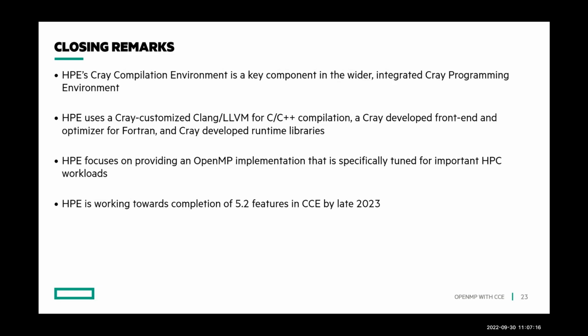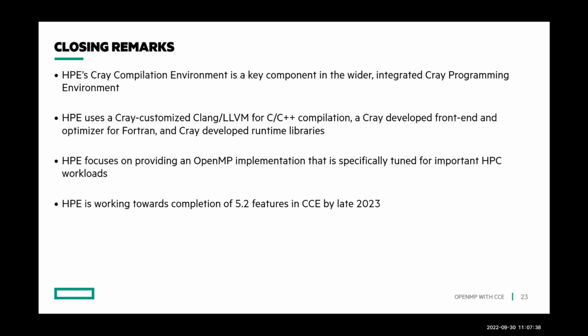It uses a Cray customized Clang/LLVM for C++ compilation. And then we have our own developed Fortran compiler and our own runtime libraries that we use for OpenMP. We focus a lot with our OpenMP implementation on tuning it for the important HPC workloads.